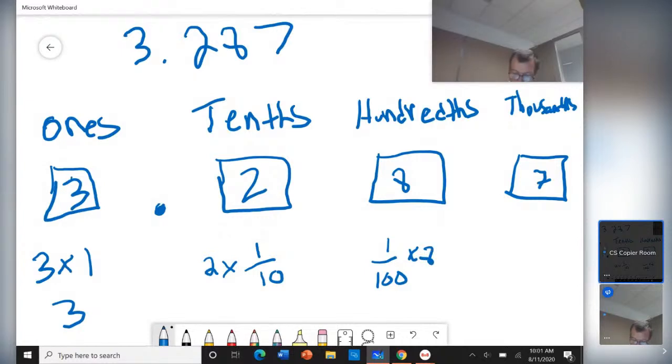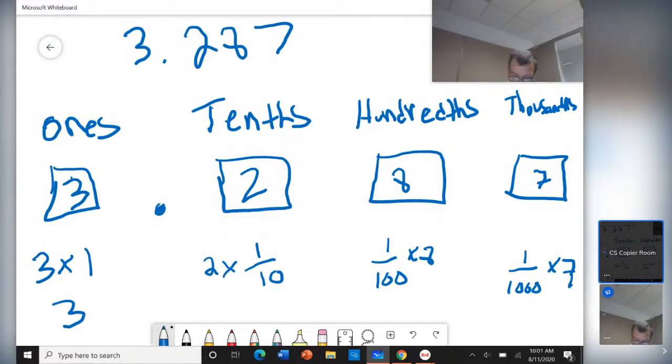And the 7 would be 1 over 1,000, because that's a thousandths, times 7. So what this is called is scientific notation. This is basically what it would look like. That's this number, 3 and 287 thousandths. Each time, the tenth is always 1 over 10, hundredths is 1 over 100, and the thousandths is 1 over 1,000.